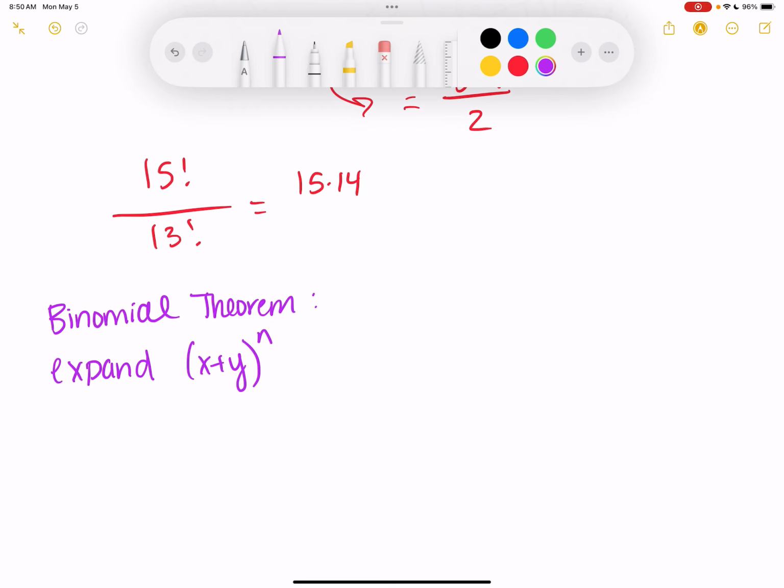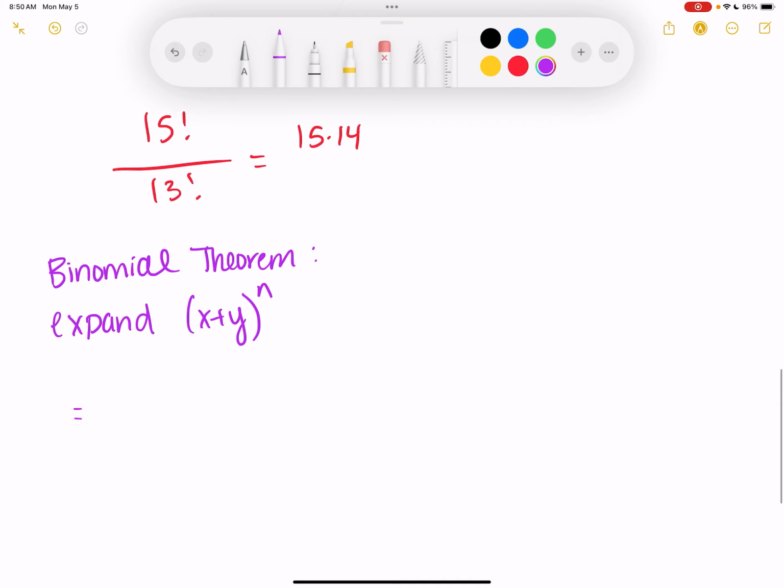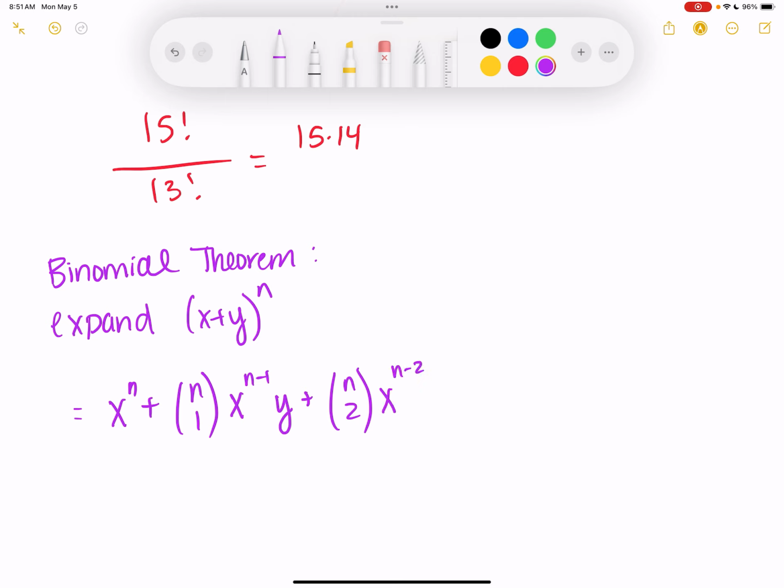Okay, and so what that tells us is that we would have the first power raised to the n, plus then n things taken one at a time, or nCr, times x to the n minus 1, y, plus n things taken 2 at a time, x to the n minus 2, y to the 2, and so on and so forth.